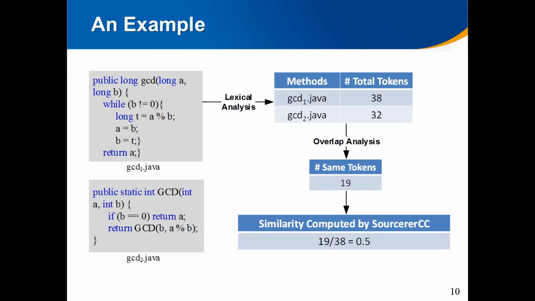In other words, the overlap similarity of method 1 and method 2 is computed as 50%. The default setting of the similarity threshold in SourcererCC is 70%, which means that SourcererCC reports two methods as a clone pair only when the similarity of them is larger than 70%. In this case, SourcererCC will cause a false negative by not reporting method 1 and method 2 as a clone pair.